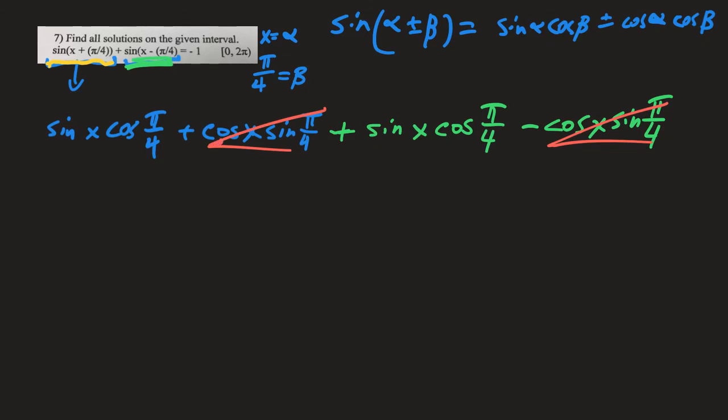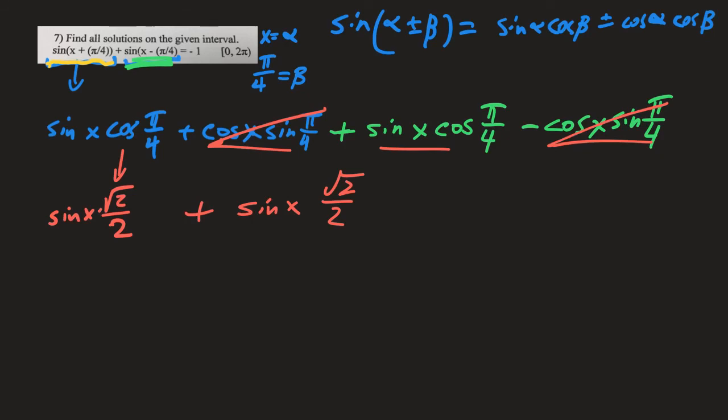Now let's jump to the unit circle and fill in whatever pieces we can find. Cosine of pi over 4 is root 2 over 2, and I've still got that sine x out here. And I've also got the same thing right here, sine x, and that cosine of pi over 4 is another root 2 over 2. Let's keep trying to simplify this.